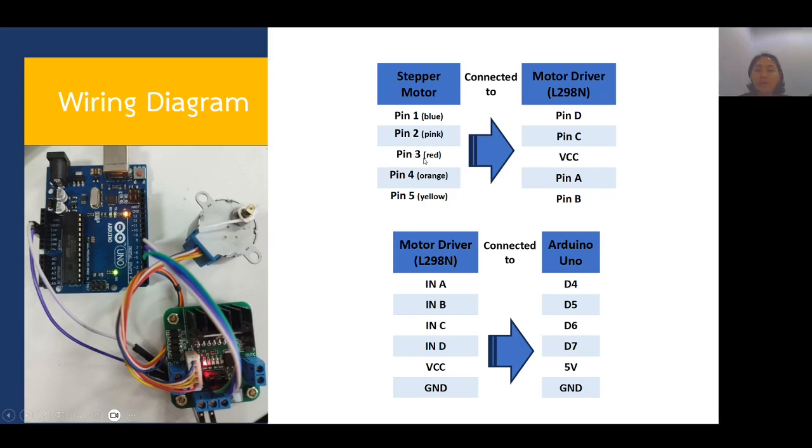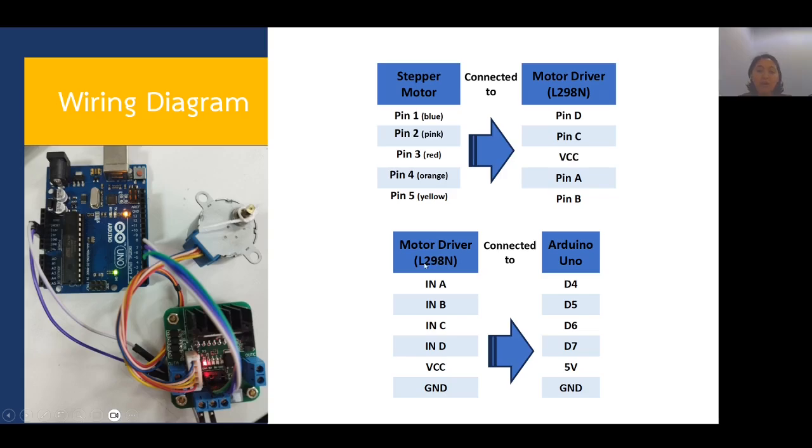Pin 3 with the red wire color of the stepper motor is connected to pin VCC of the motor driver. And then pin 4 with the orange wire color of the stepper motor is connected to pin A of the motor driver. And then pin 5 with the yellow wire color of the stepper motor is connected to pin B of the motor driver.